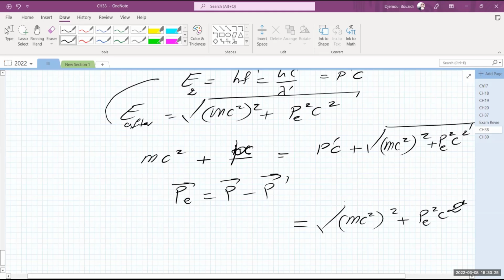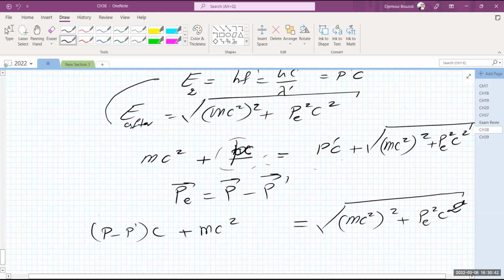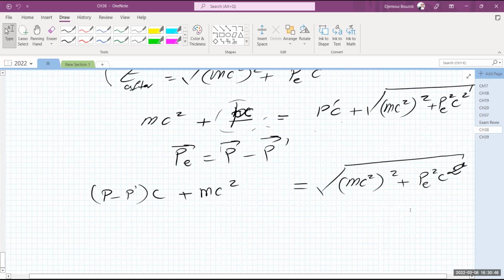C squared, what is C prime? Must be equal to, again, I'm going to collect these two terms in here with light. So it's P minus P prime times C plus mc squared. So I moved the P prime to the other side. It became negative.